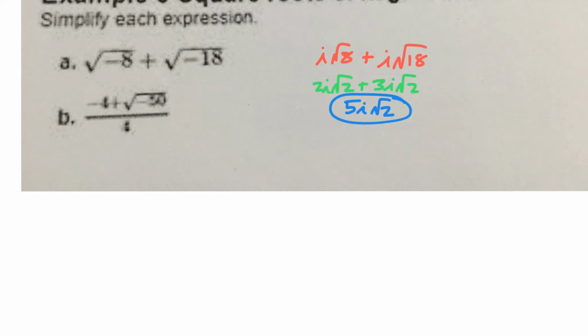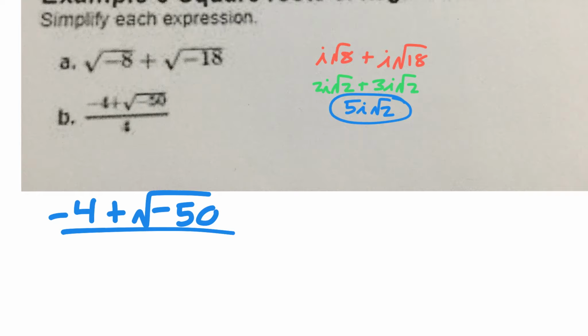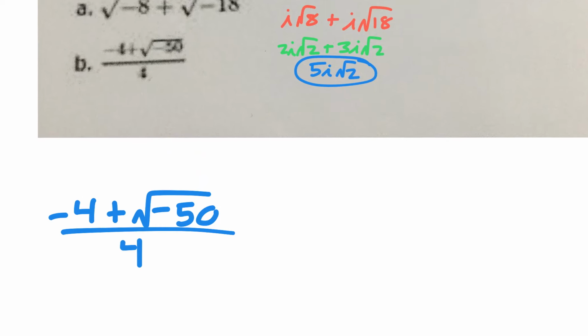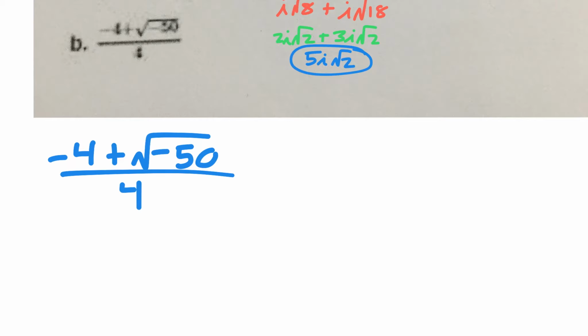Okay, next we have negative 4 plus the square root of negative 50 over 4. Looks as good as anything to me. Okay, so I need to fix the square root of negative 50.